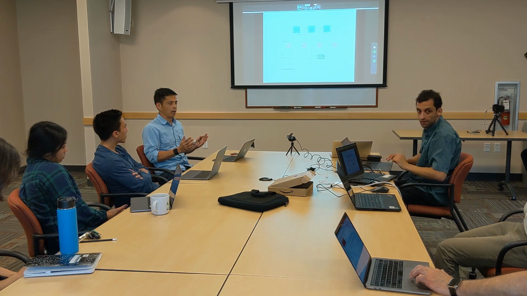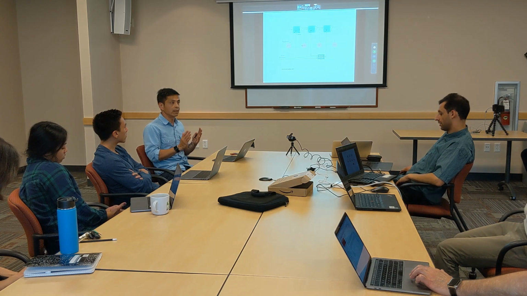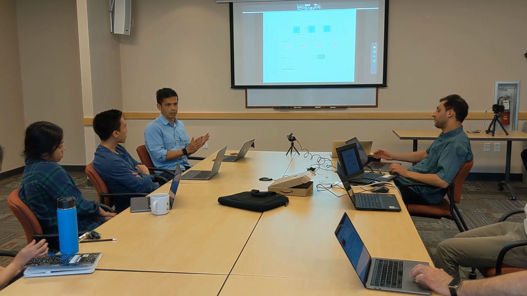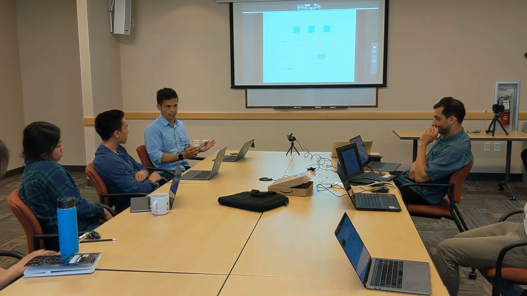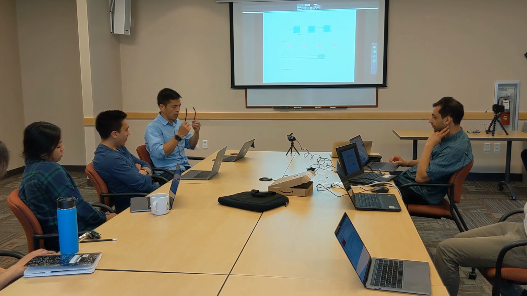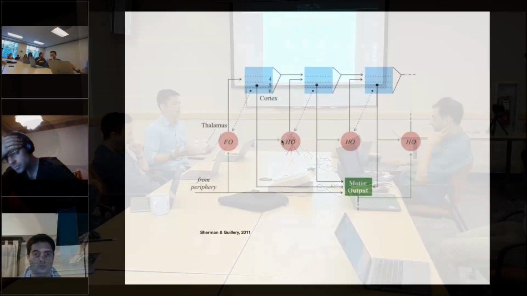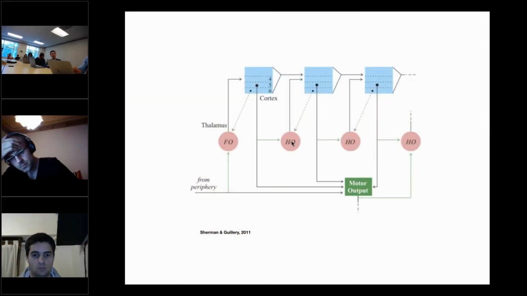But there are data that are consistent with this. But the anatomy is not in dispute. The anatomy says we should be looking for these things. So their idea is that essentially what you're doing is relaying that efferent copy to layer 4.